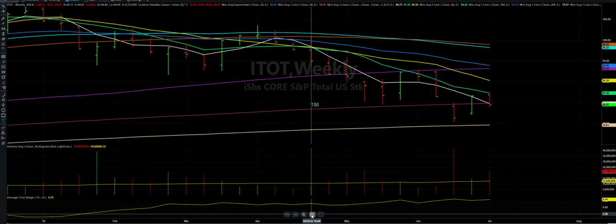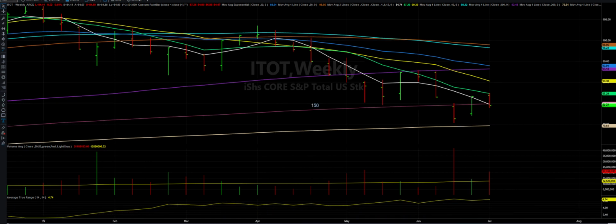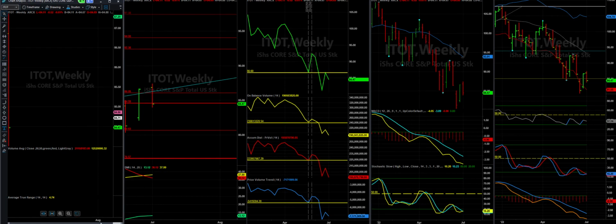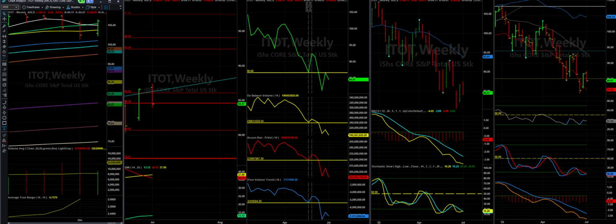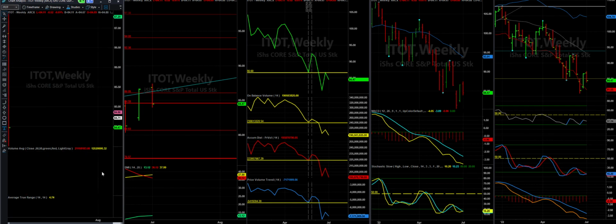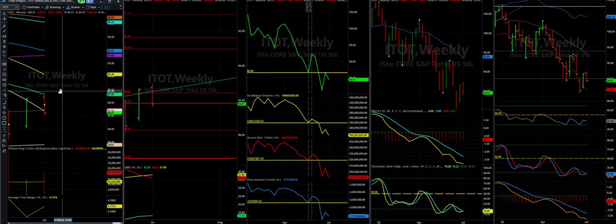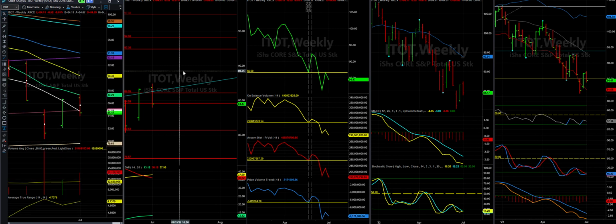The momentum is clearly to the downside. Our structural charts and key moving averages are all telling us that these ETFs basically want to go down. We've got to see if they can hold support.